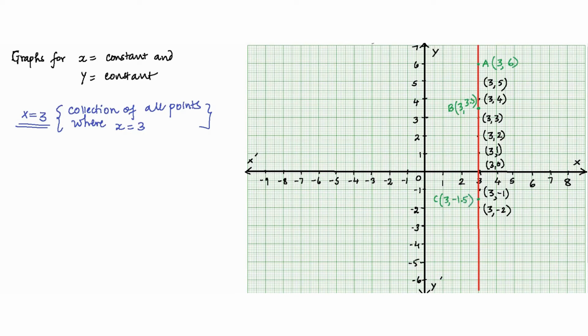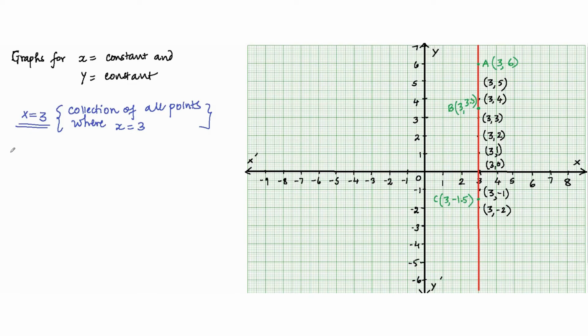And therefore the set of all points whose x coordinate is 3 happens to be this particular straight line that is parallel to the y-axis, or perpendicular to the x-axis. You will notice that this line is 3 units towards the right of the y-axis, right?